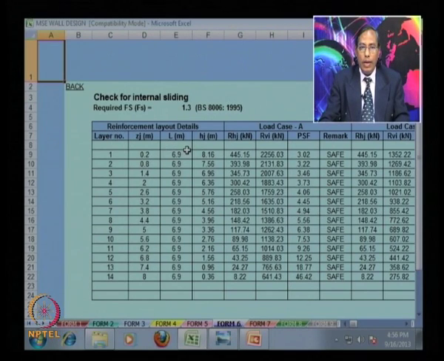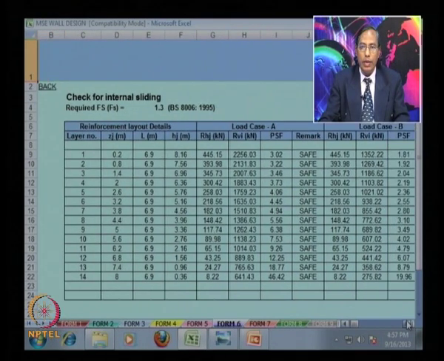LL is 6.9 and constant, HJ is 8.16 to 0.36, and RH is 444.15 kilonewton decreasing up to 8.22, and RV is 2 to 641.43 kilonewton for load case A, and this is the partial safety factor. This is 3.02 and increasing up to 46.42. Your requirement is 1.2, so it satisfies the criteria. So it is on the safer side.